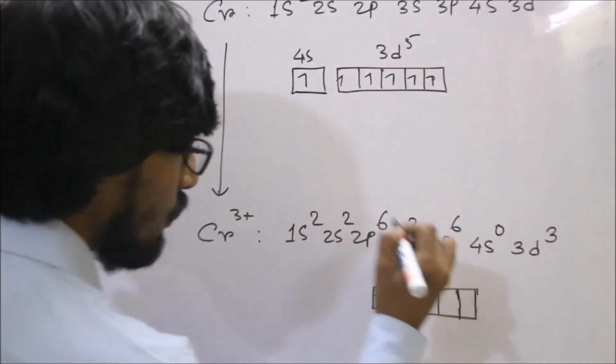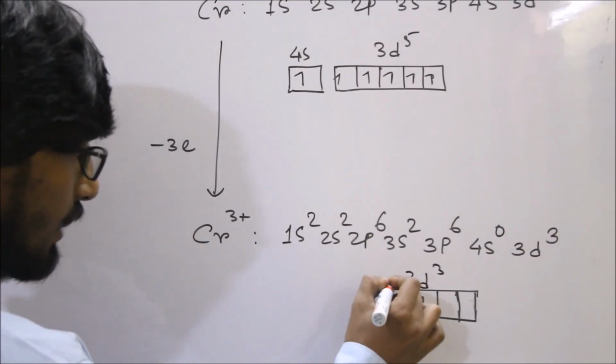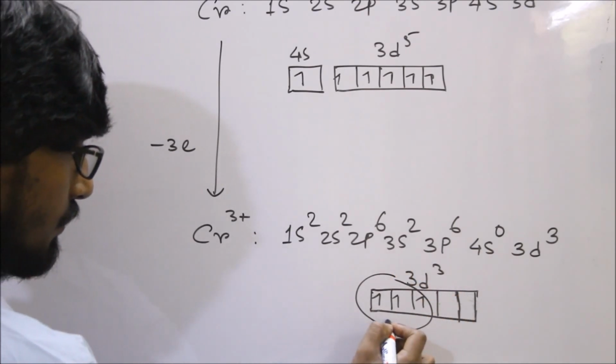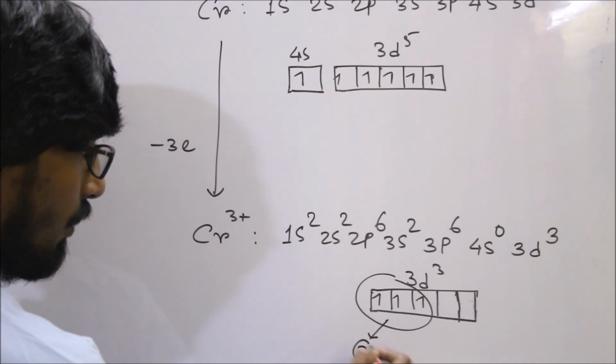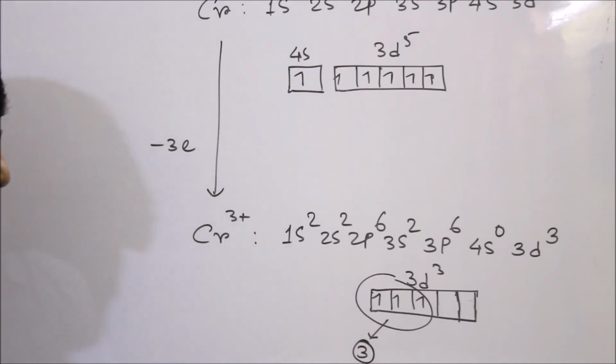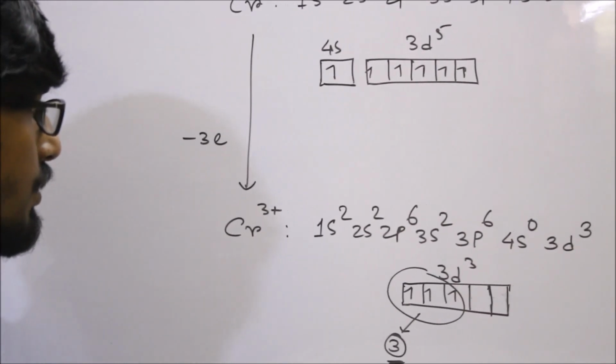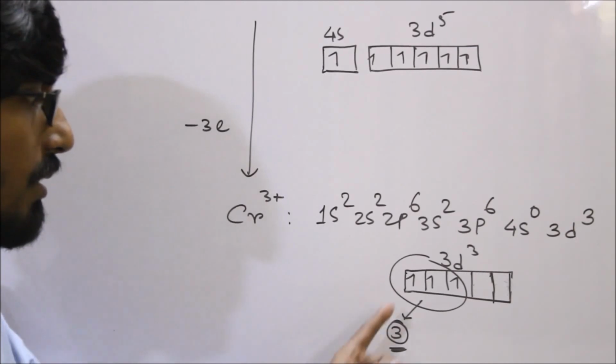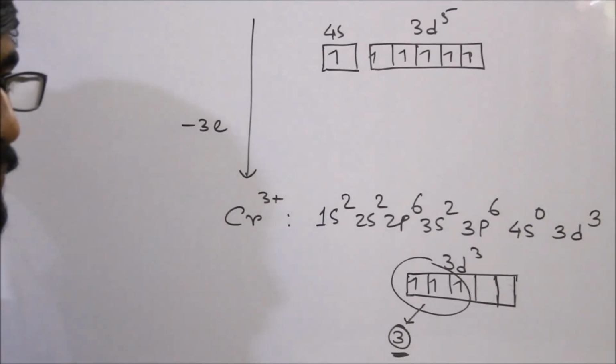So the number of unpaired electrons present in Cr3+ is 3. So our answer is 3. The number of unpaired electrons present in Cr3+ is 3, which are present in the 3d orbitals.